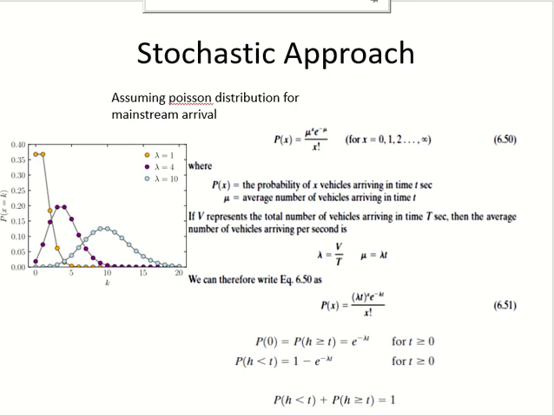So the simplified equation when x equals 0 is this. x can be 0 when your observation time is less and vehicles are taking more time, when headway is more. And if the chance of 0 is this much, then the chance of not having 0 is 1 minus that.